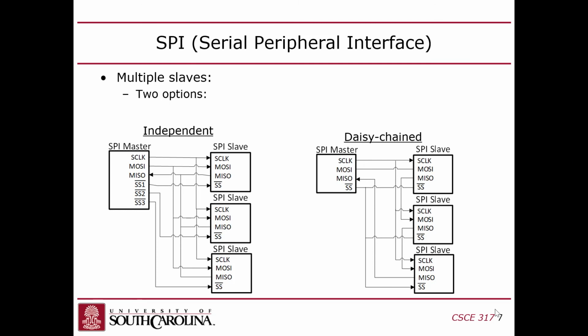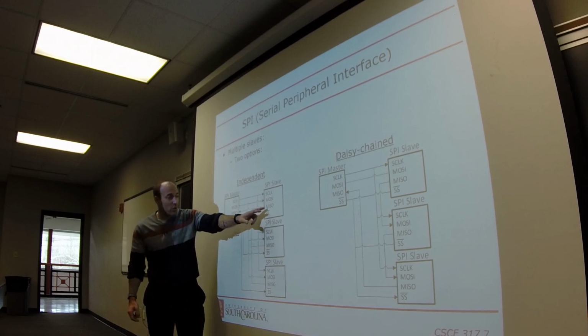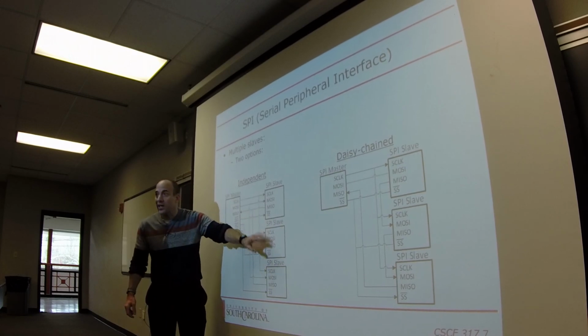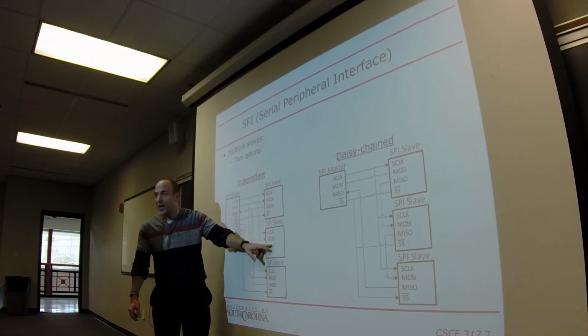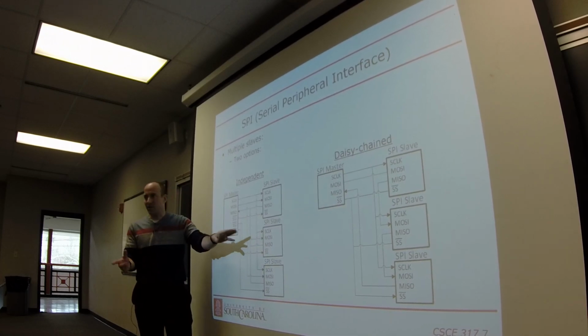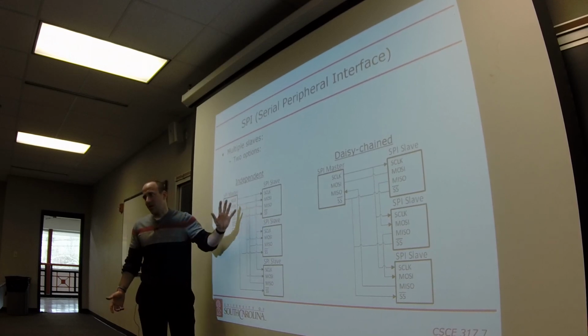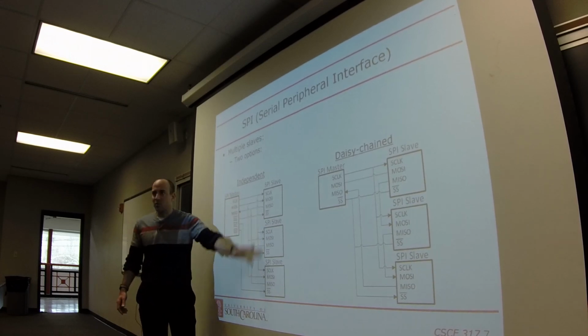The other ones would have to be tri-stating it, meaning disconnecting it from the driver, right? So it would have to be floating on all these guys because you wouldn't want this guy and this guy trying to fight each other for that master in slave out, because that could cause issues. I'm going to talk about that in just a minute when I get to I2C. So this is a little dangerous, I think, because you'd have to make sure that these are well behaved.